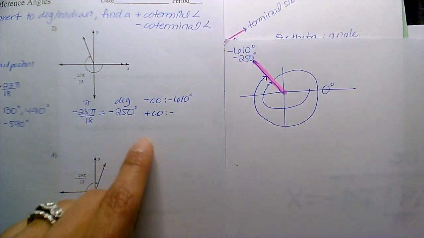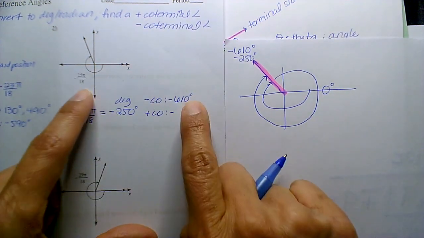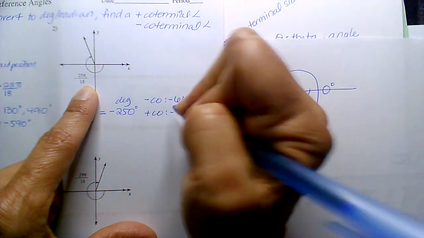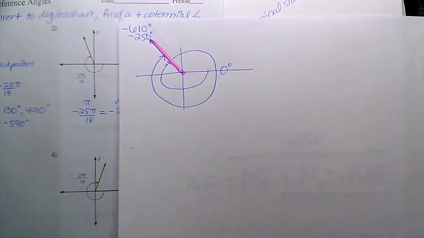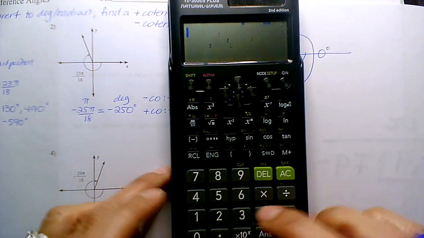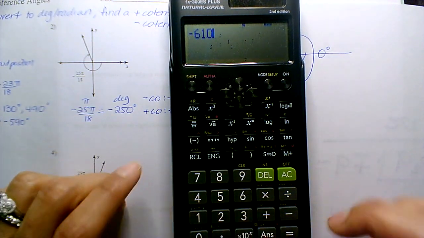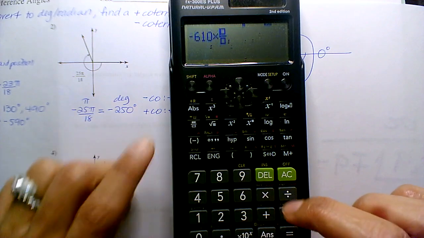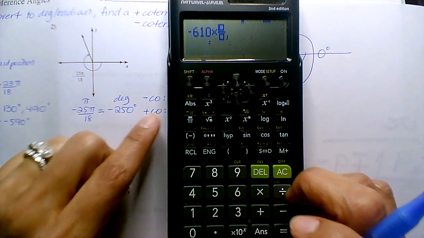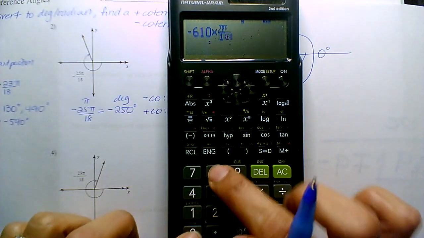But they gave me radians, so I need the radian answer, right? So what is negative 610 as a radian? Let me put negative 610 just so that we stay on track. Pi over 180, right?